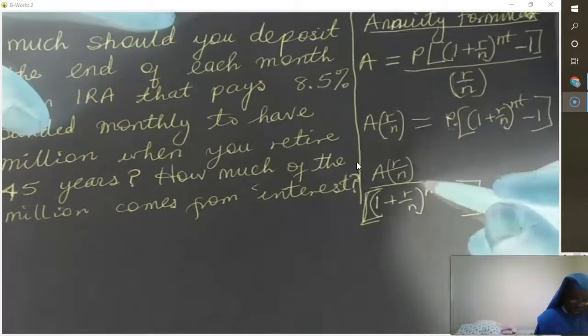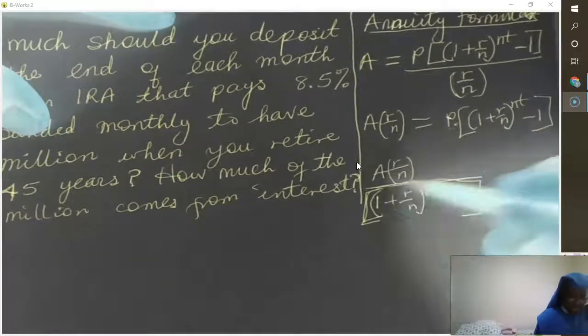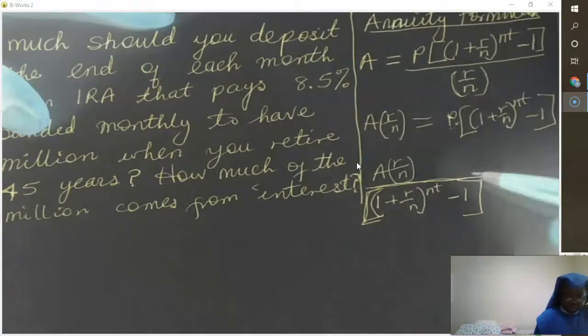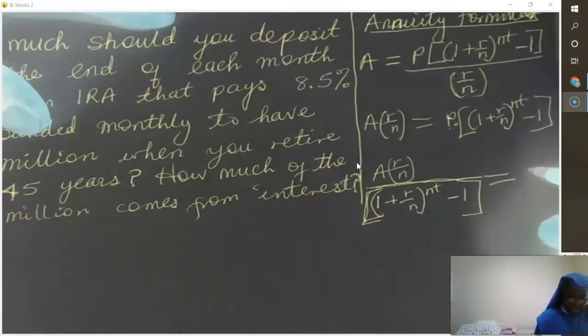Okay, so we have two parentheses there. This part is on top, A times this fraction. So this equals P now.